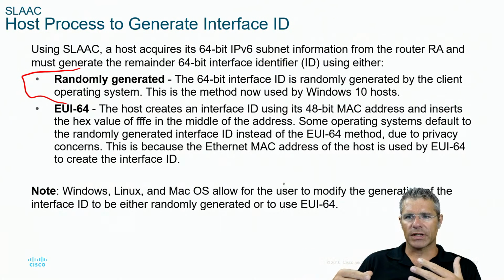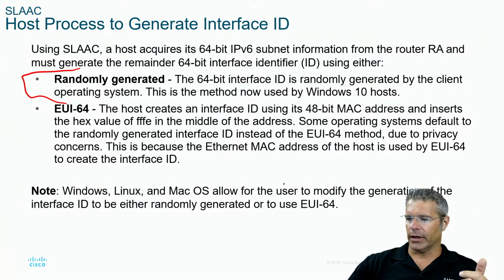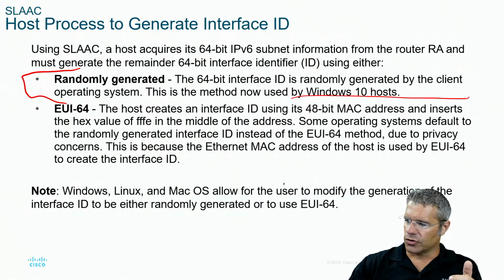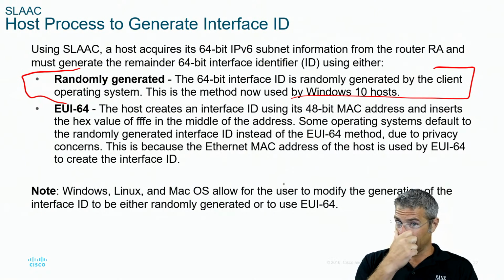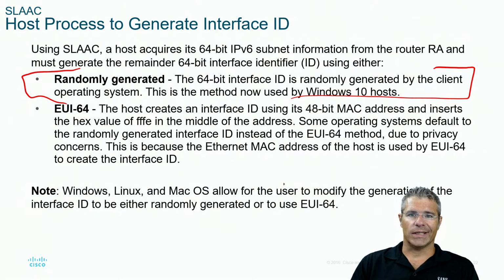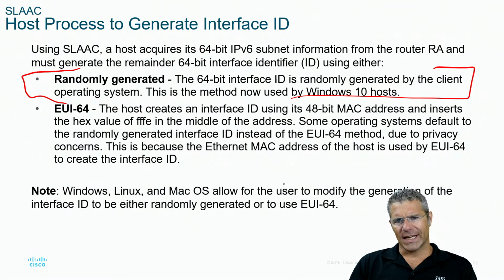It figures out the rest of it, usually using a randomly generated address. That happens in Windows, and it is happening more and more in the phone operating systems, which are the ones you really care about. There was a not great idea called EUI-64, which would create a host interface by taking the MAC address and putting FFFE in hexadecimal in the middle of that address.